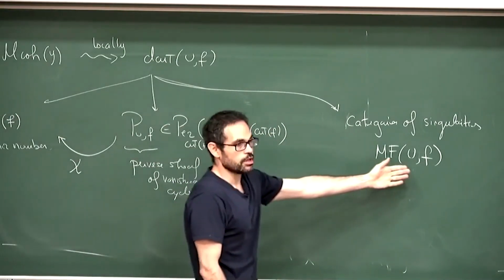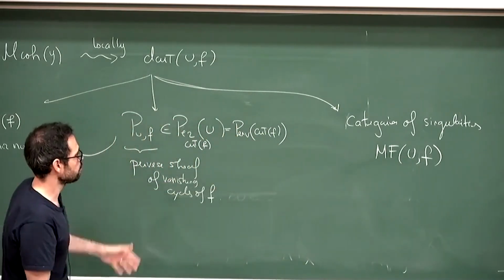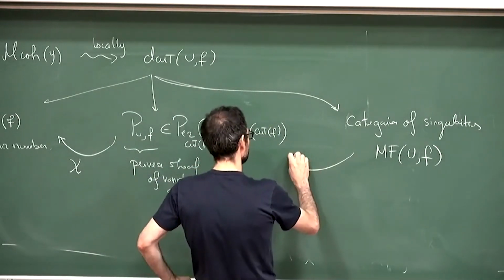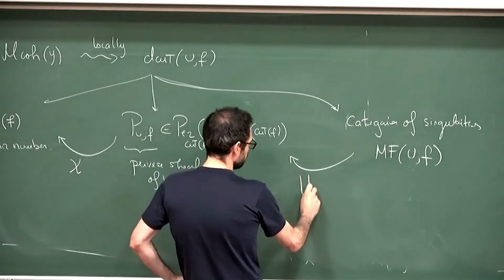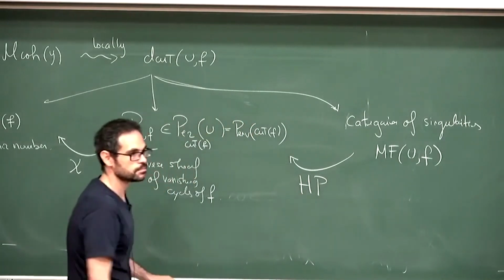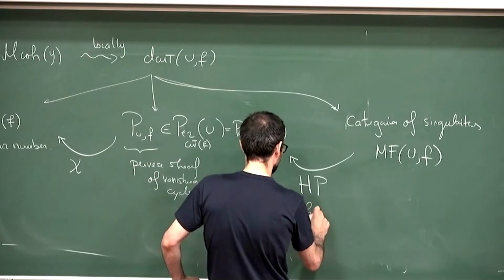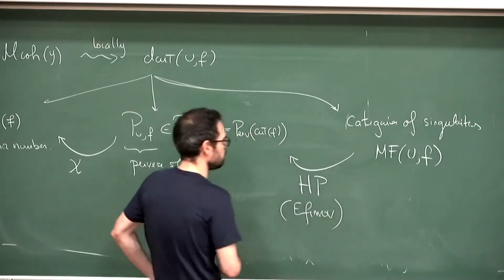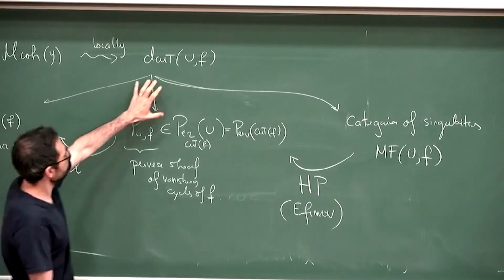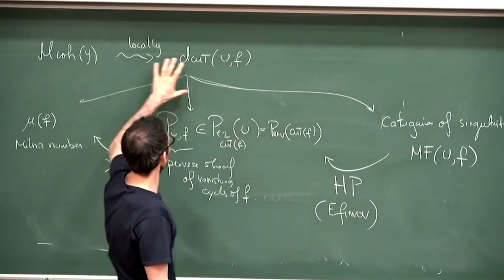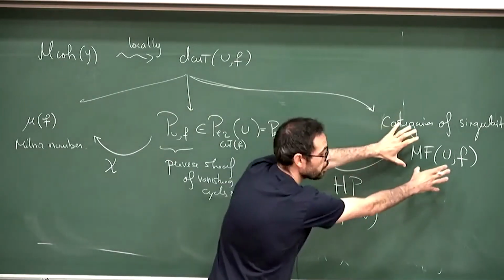Otherwise, the category is non-empty. And this gives you an invariant of the singularity, which actually contains back the perverse sheaf, and therefore the Milnor number, by extracting periodic cyclic homology. So this is the theorem of Efimov. The goal we have, the reason for this whole project, was to try to glue these locally defined categories.